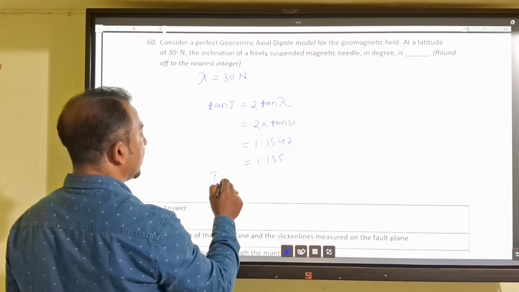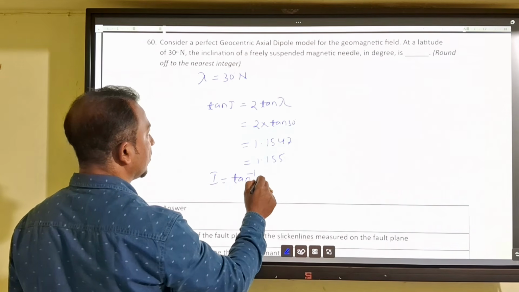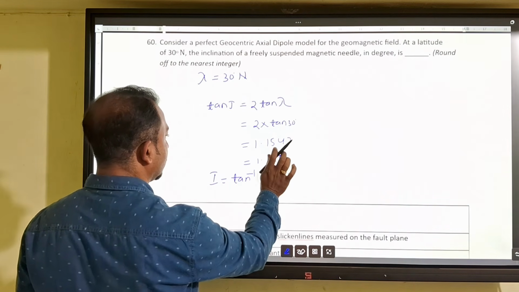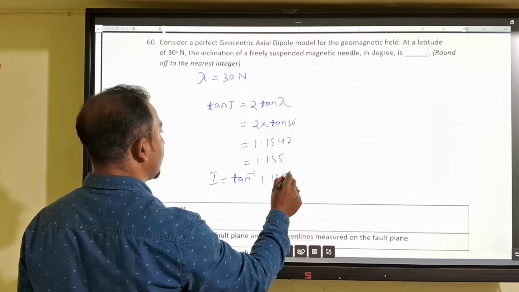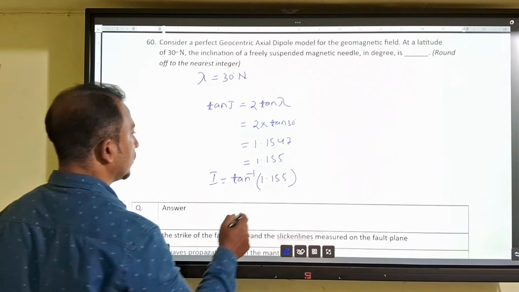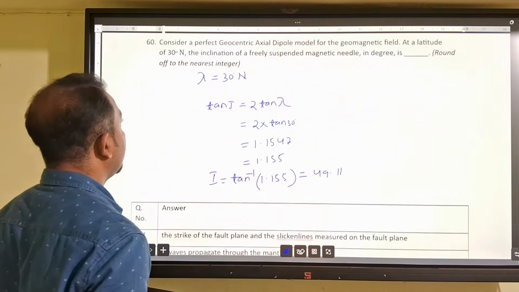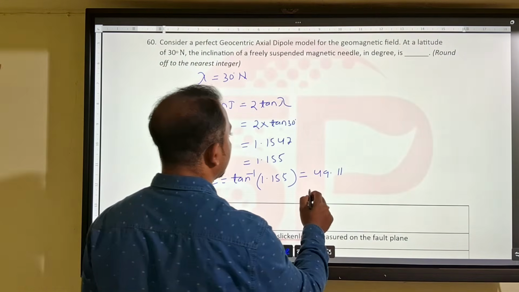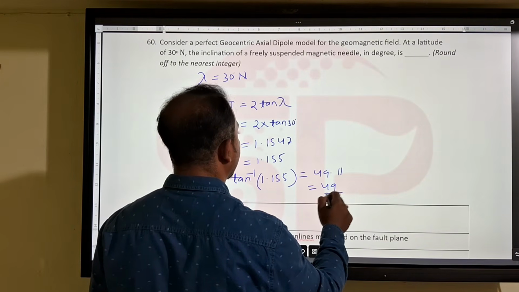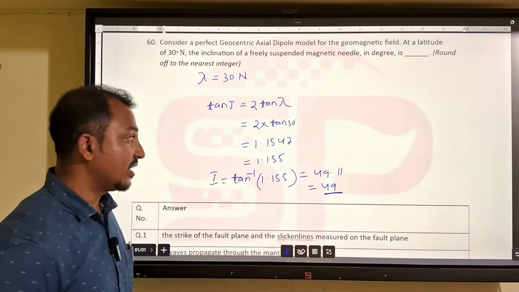Then I will be tan inverse of 1.155, which is 49.11. Rounding to the nearest integer, it will be 49 degrees.